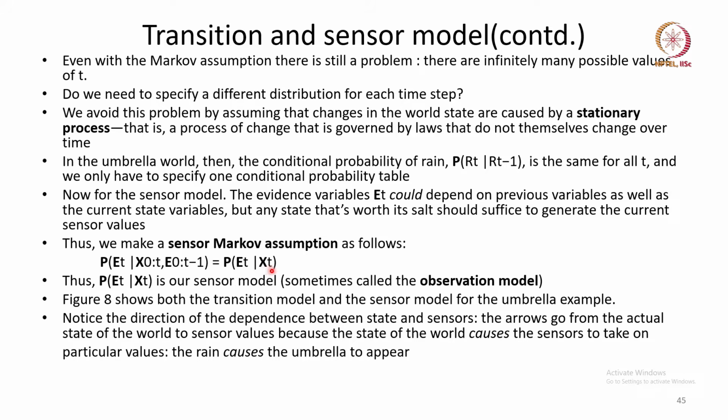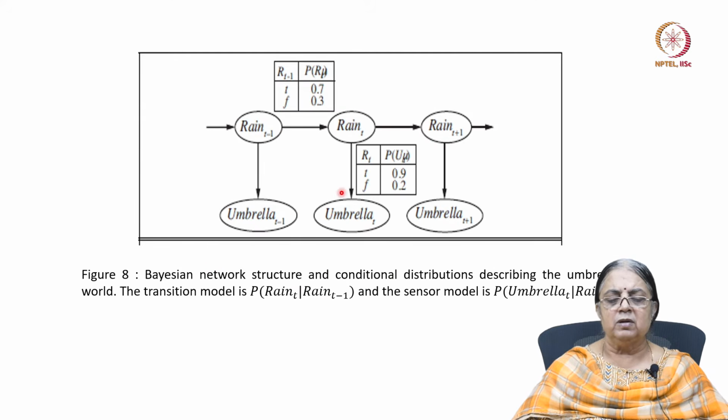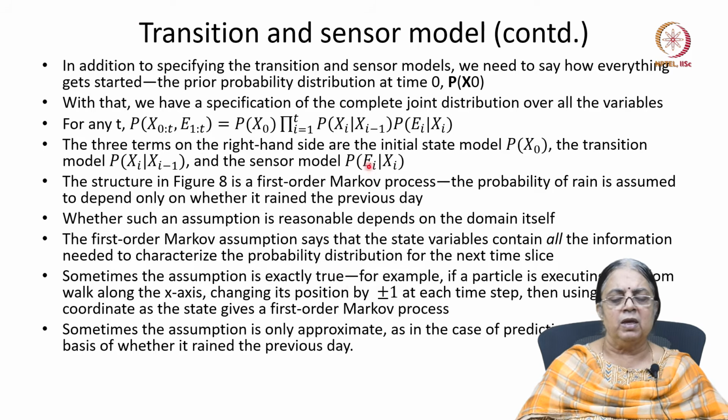Okay, so here also you are making a sensor Markov assumption, right. So you are saying that it's only dependent on X_t basically. Okay, so here we have the arrows pointing this way, which shows that the rain influences the umbrella. Because of the rain only you have the umbrella. So the rain is the cause and the umbrella is the effect basically. Okay.